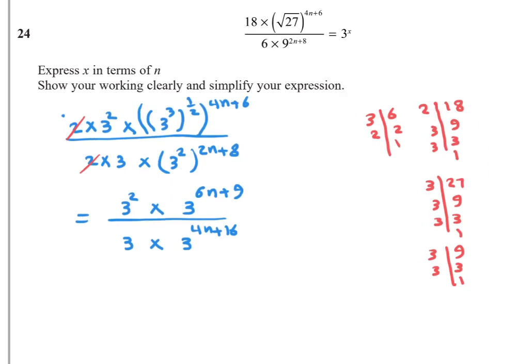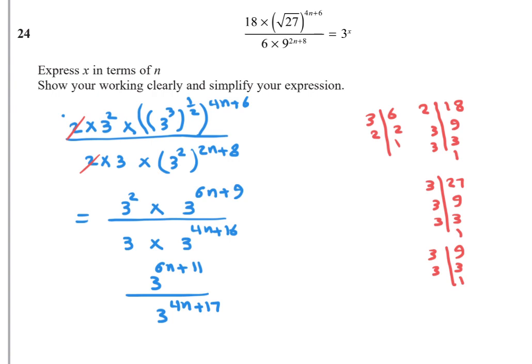We can simplify more. When you multiply, add the powers, so the numerator will be 3 power 6n plus 11, because 2 plus 9. And for the denominator, we have 3 power 1 and 4n plus 16, so 16 plus 1 is 17, so 3 power 4n plus 17.